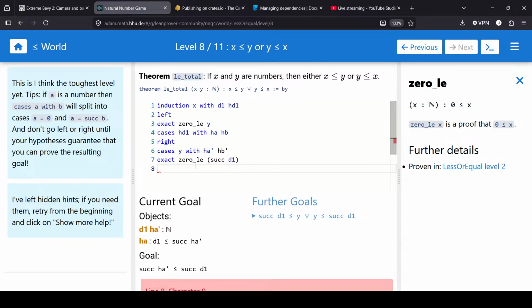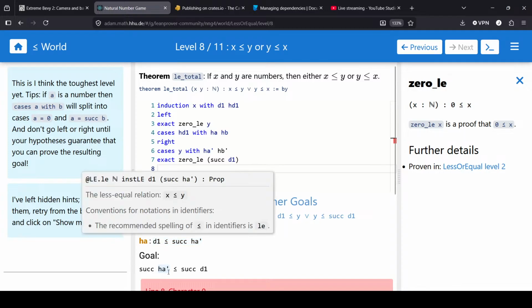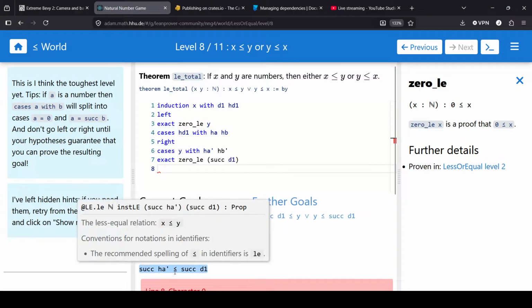The only way that would ever work is if this guy was equal to D1, but it says that D1 is less than or equal to this. So I don't think this works either.